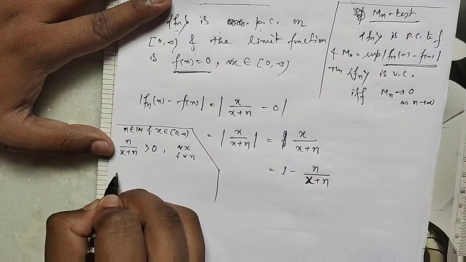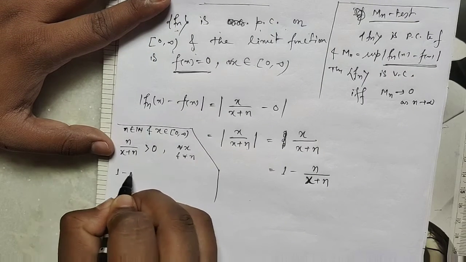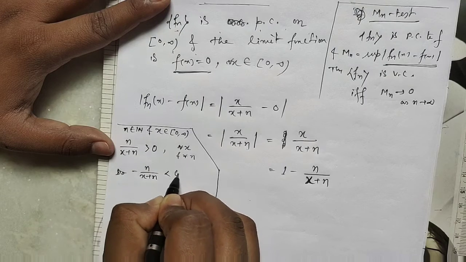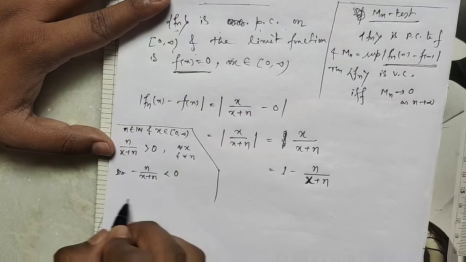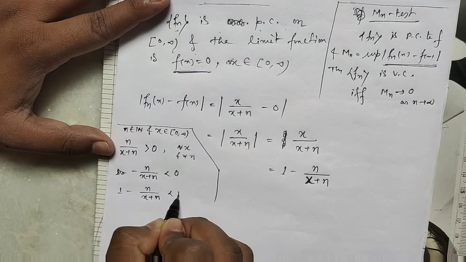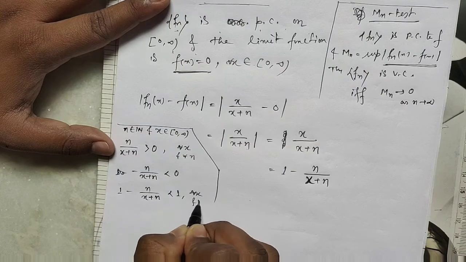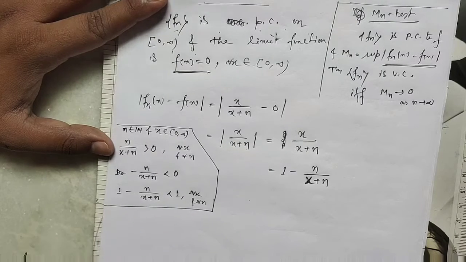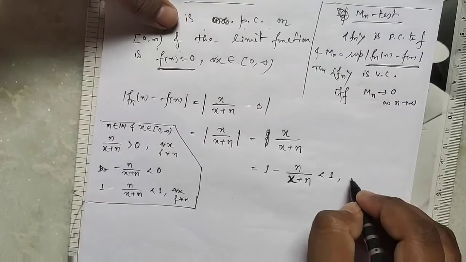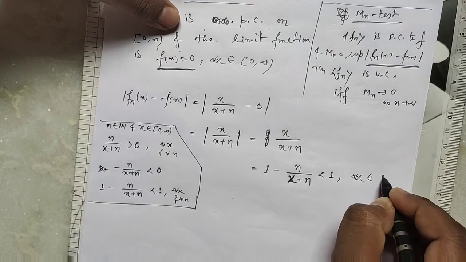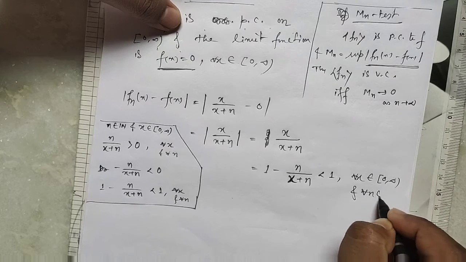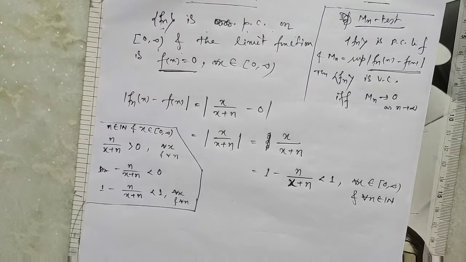So minus n by x plus n is less than 0, and 1 minus n by x plus n is less than 1 for all x belongs to 0 to infinity and for all n belongs to N.